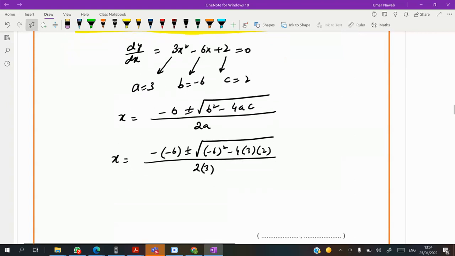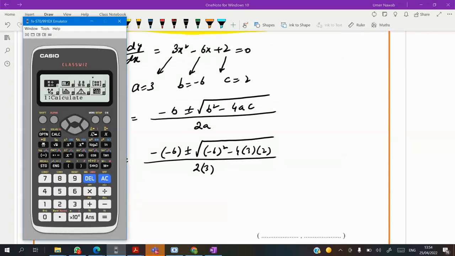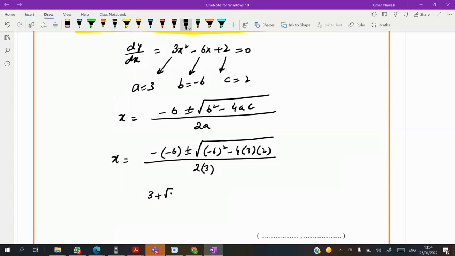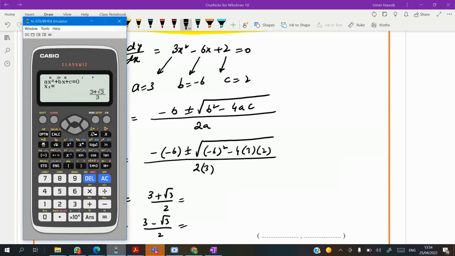Now the job of calculator starts. Go to the equation mode, polynomial, degree 2. Enter 3, enter negative 6, enter 2. So we got the first answer, 3 plus square root of 3 over 3. And the second answer will be definitely 3 minus square root of 3 over 3. But we need to write them in decimals. What is this? 1.577.